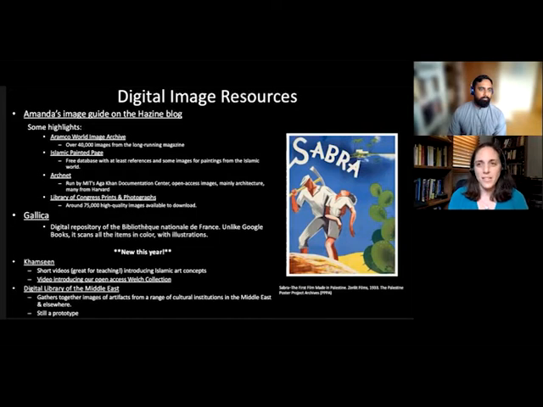It's run by MIT's Aga Khan Documentation Center, although a lot of their images come from our collections as well. So it's been a collaboration over time, although they definitely run the website. And the Library of Congress Prints and Photographs collection is also a really great site, and has around 75,000 prints and photographs that you can freely download for your research as long as you give them credit.